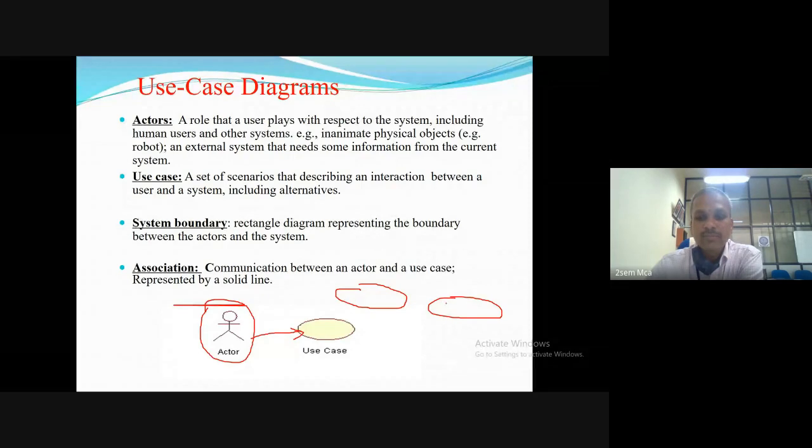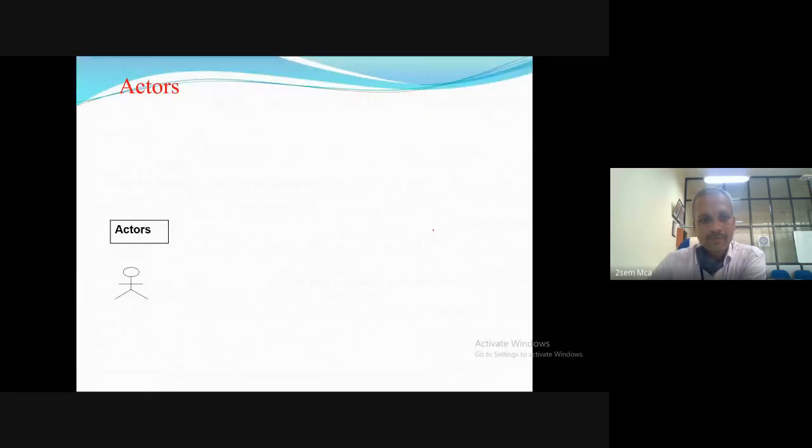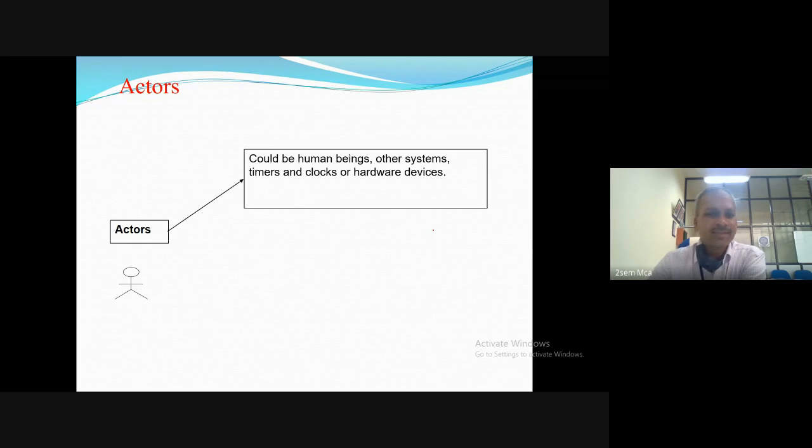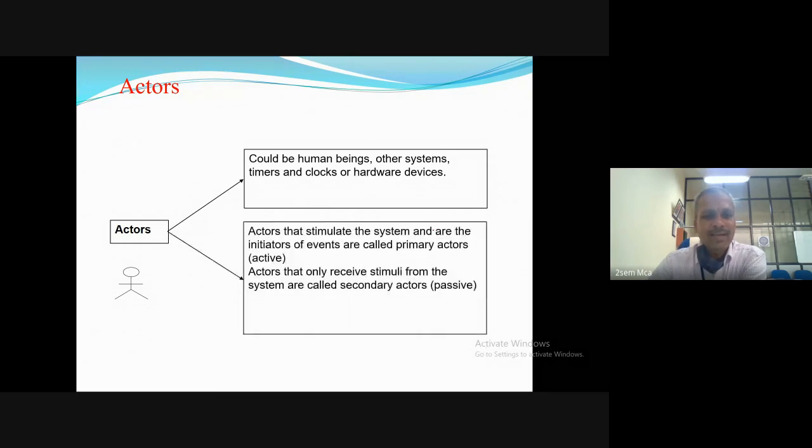These are the two simple symbols you should remember. One is the use case, which is an oval in nature. Second, the human symbol, which is for an actor, right? So this is how actors are. Human symbols are actors, and they can be anything, as I said, as long as they have interaction with the system. They can be anything on the earth.